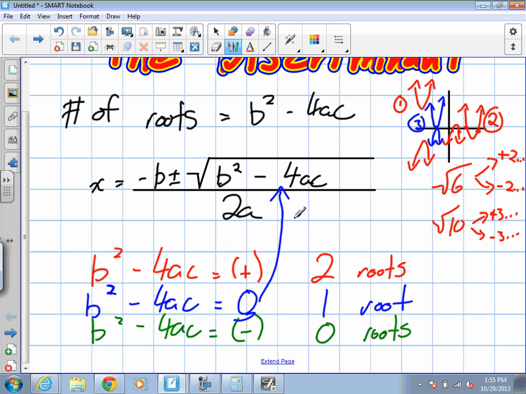Is there a positive and a negative 0? Not for our case, right? So whatever this number is, you can add or subtract 0. It won't change it. So there isn't 2 roots. You're only going to end up with 1 answer. So anytime b squared minus 4ac is equal to 0, there's only 1 root. And that's our case number 3, where the vertex is directly on the x-intercept.